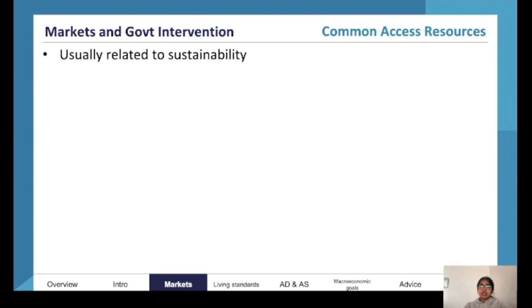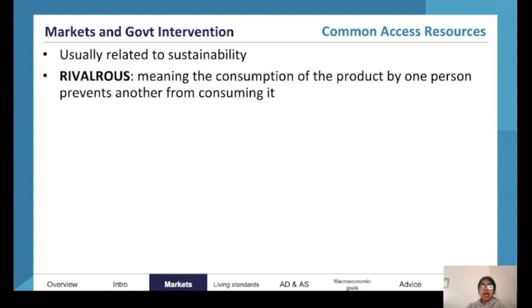Okay, so now let's go to common access resources. This is related to sustainability. Key points about common access resources: first, they're rivalrous, meaning that when one person consumes them, another person consuming them is impacted.